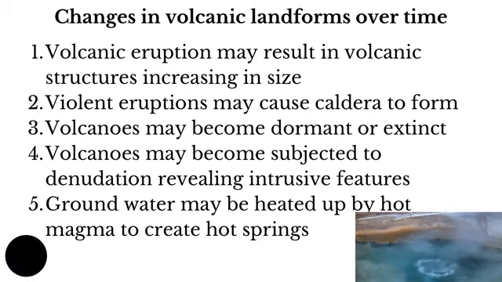So, a dormant volcano is a volcano which has not erupted for a long time but still has the ability to erupt. Extinct volcano, on the other hand, is a volcano which has erupted in the past but has completely stopped erupting.